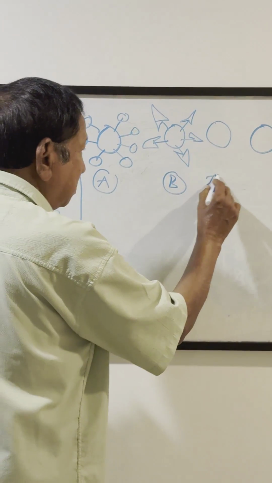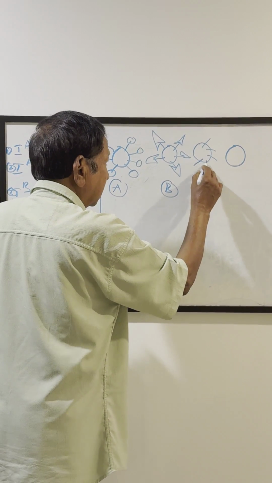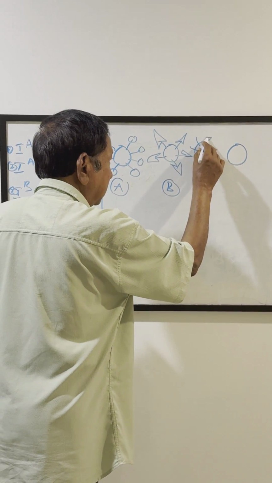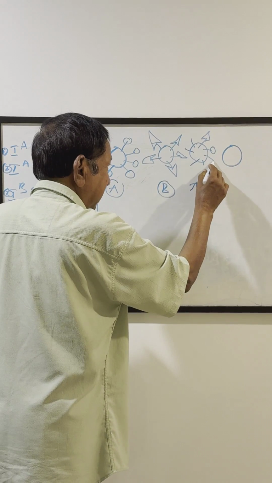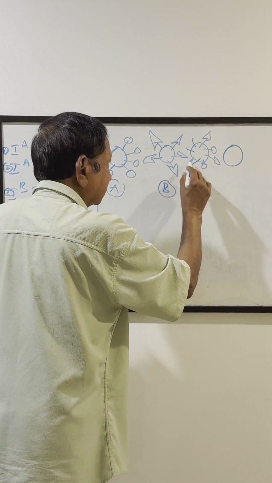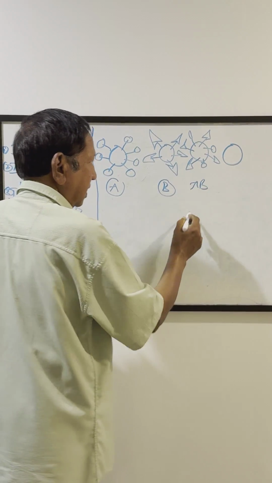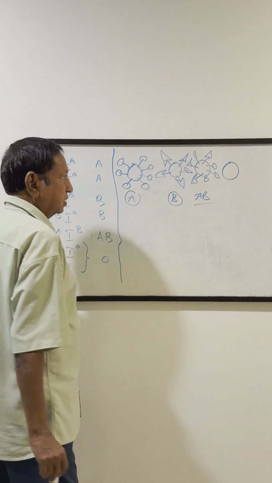In the AB group, it has both the A antigen as well as the B antigen. That is what is referred to as the AB group.